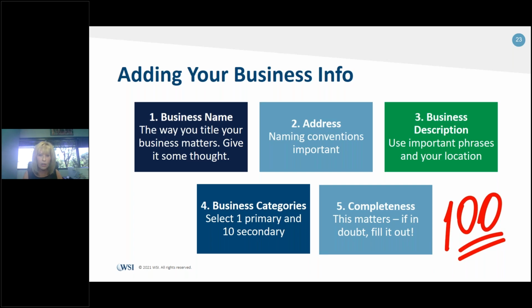So take your time, look through the business categories and select those that most closely associate with the products and services that you offer. Let's say it's a plumber. So a plumber is going to pick plumbing or plumber as a main category, but maybe they do water heaters too. So obviously they pick water heaters and repiping or whatever they do as some of the other secondary categories.